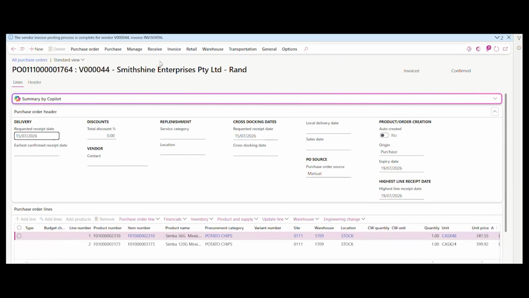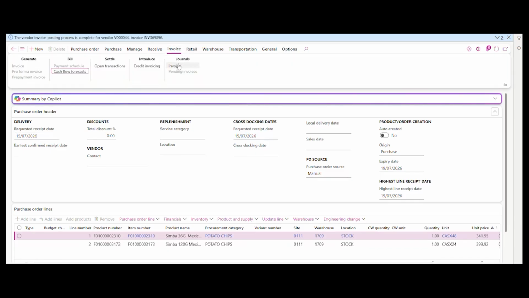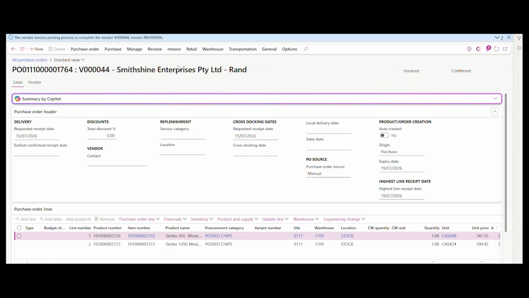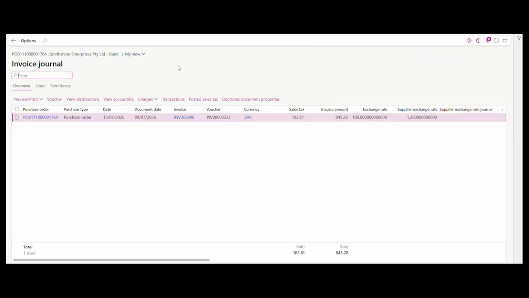Once the invoice is posted, once the voucher is posted, here in the invoice screen we can see the exchange rate, which is the fixed exchange rate, and this supplier exchange rate is the exchange rate which has been entered during the invoice, so that we can identify it for identification purposes.